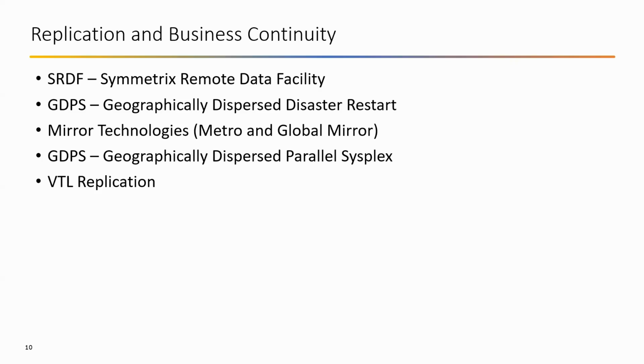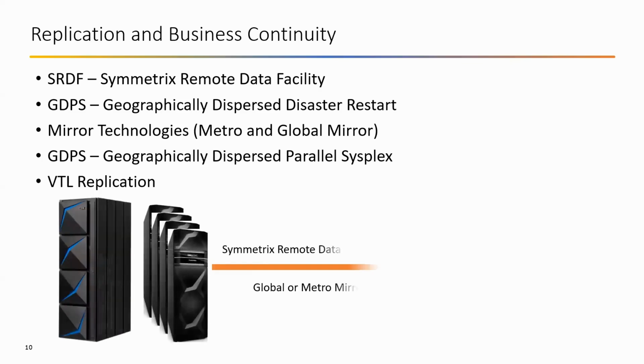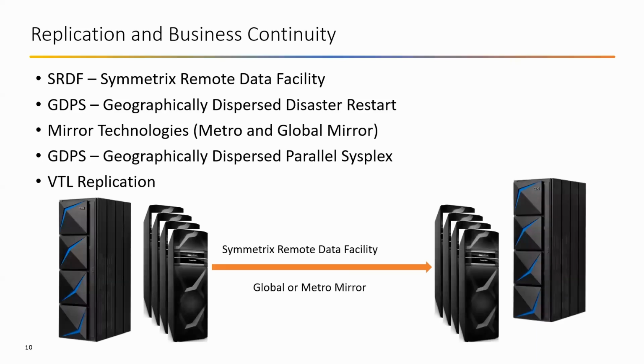So these technologies came about and really drove us towards business continuity, replicating data so that if a system or a storage system failed, you could easily fail over to where you were being replicated to. And of course, virtual tape systems were also starting to be replicated.